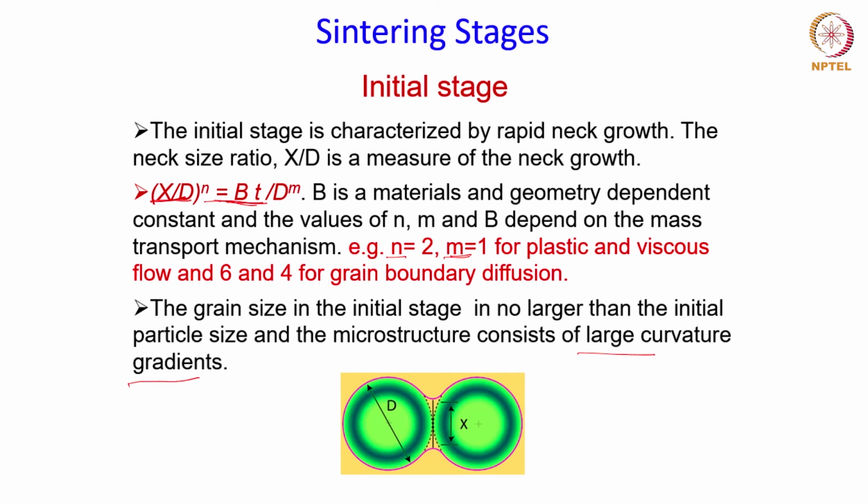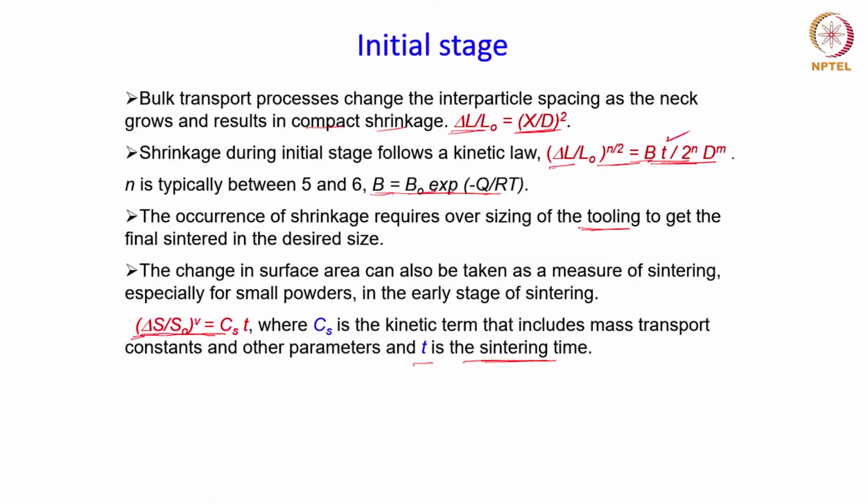and it considers an isothermal growth of the neck, which can be seen through an equation like this, the growth with respect to the sintering time. And then we also talked about the shrinkage which takes place during the initial stage of sintering, and this again is related to the neck size ratio x by d.